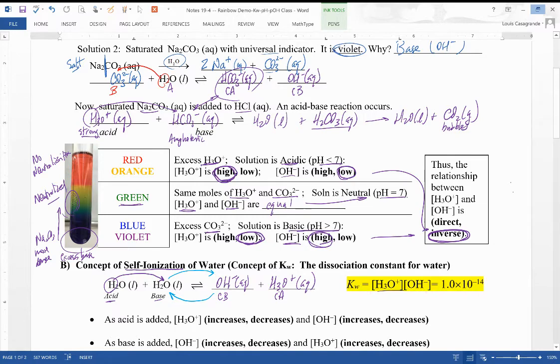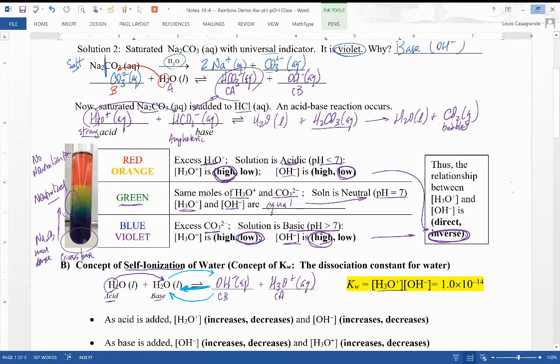Now, this reaction actually goes very little. I'd actually want to draw this reverse arrow a lot bigger, because this reaction has very, very, very little in the way of products being formed.